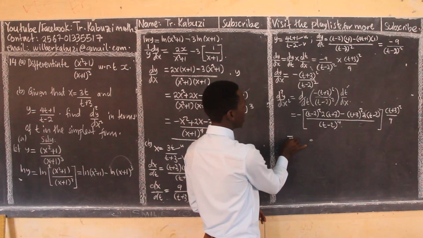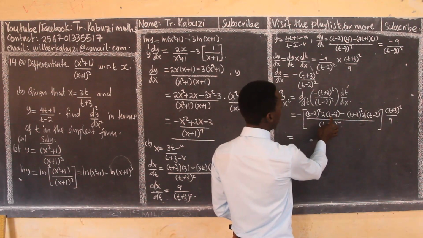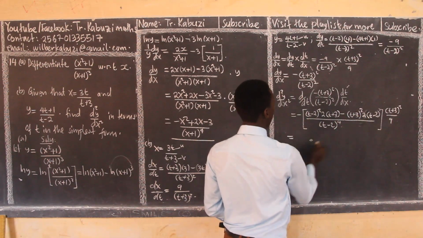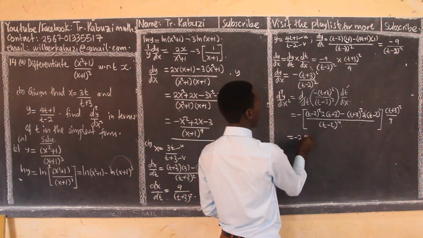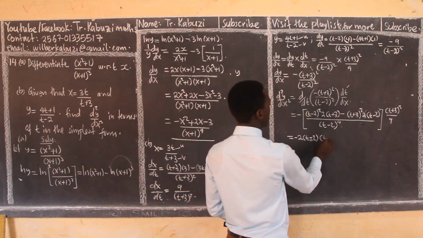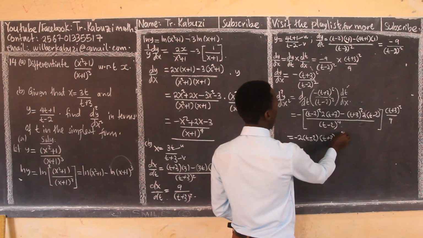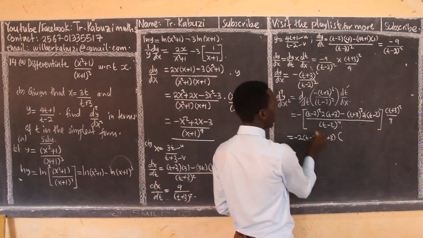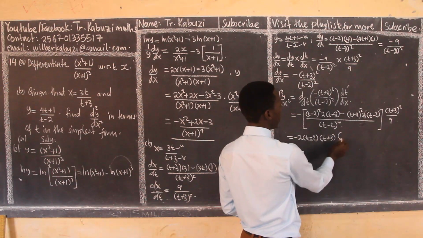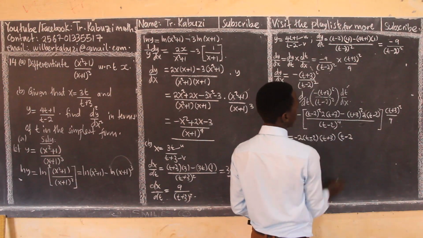Now there we have to just simplify. You see these two brackets are common, and this 2 is also common. So if I factor out 2 into (t minus 2) and (t plus 3), I remain with, remember I'm removing this out, and then one of these I have my t minus 2.